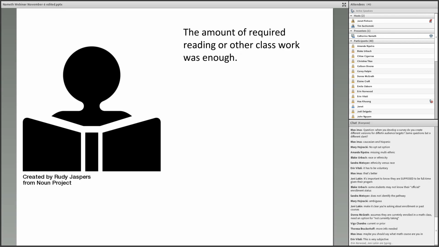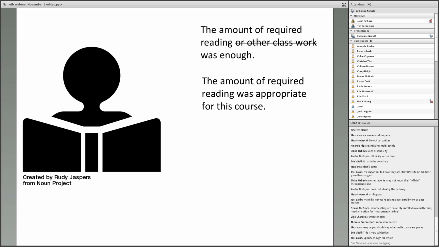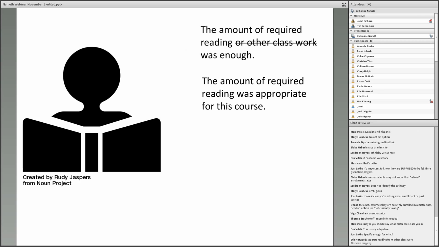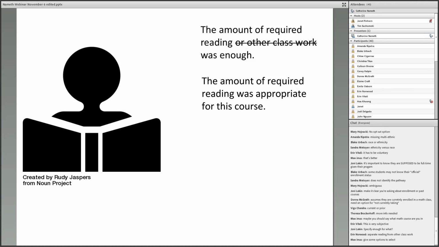Right, enough, as someone pointed out, is very subjective. So we can improve upon this, right, specifying enough for what. So the amount of required reading was appropriate for this course. So instead of saying enough, you're making it more specific. And also that first prompt, the amount of required reading or other classwork. So we have two things there. We're actually asking about two things.